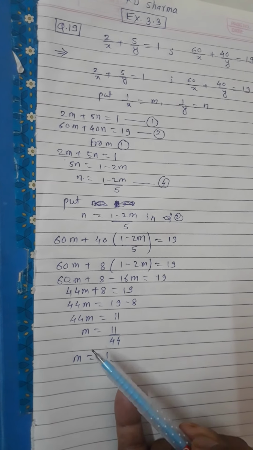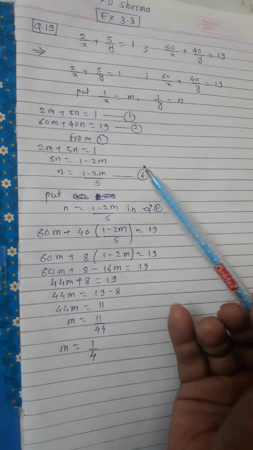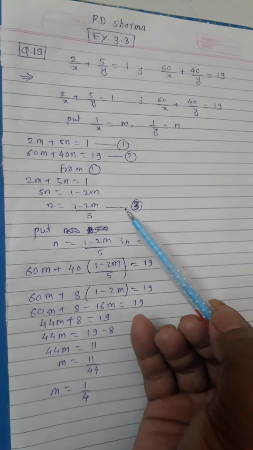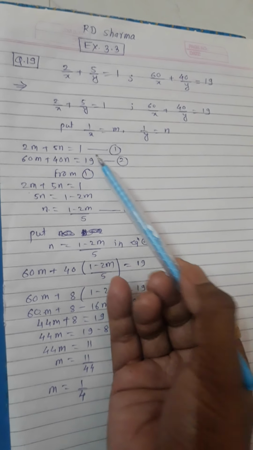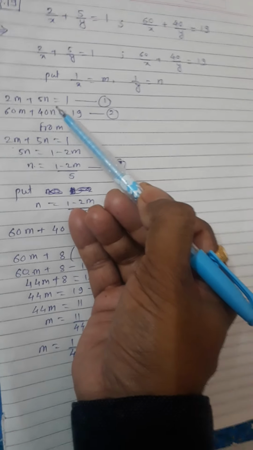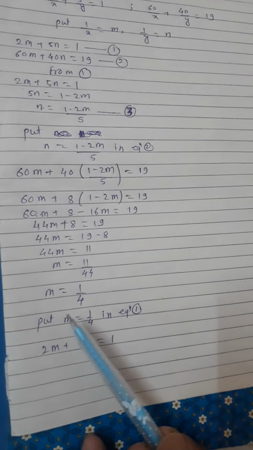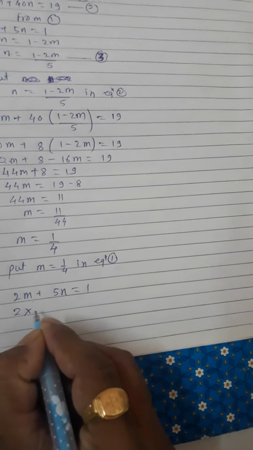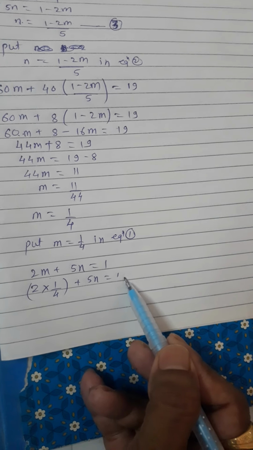Put the value of m is equal to 1 by 4 either in equation 1, 2 or equation 3. Here equation number 3 is there, but equation 1 is very easy. So put m is equal to 1 by 4 in equation 1. So equation 1 is 2m plus 5n is equal to 1. So it becomes 2 into 1 by 4 plus 5n is equal to 1.